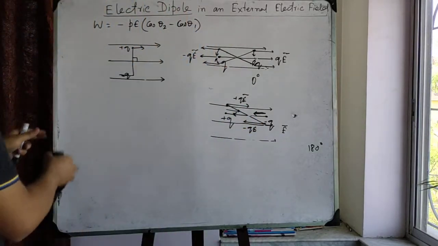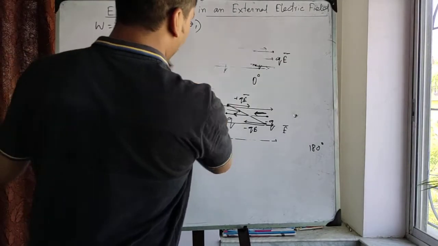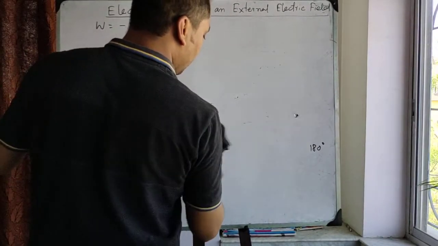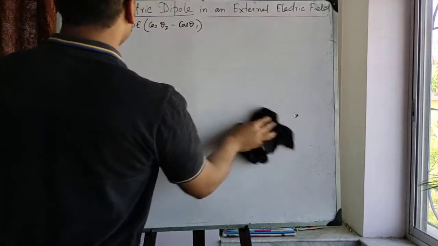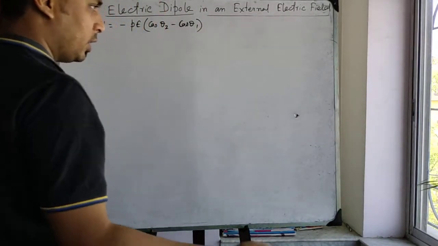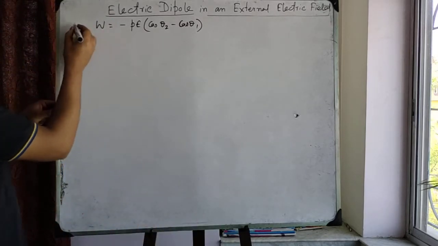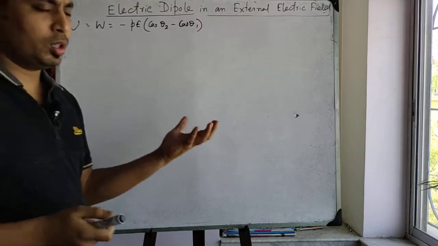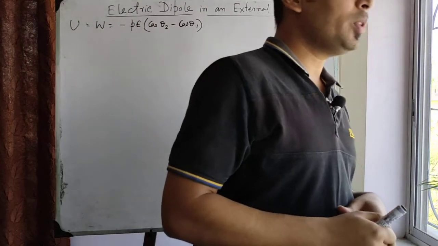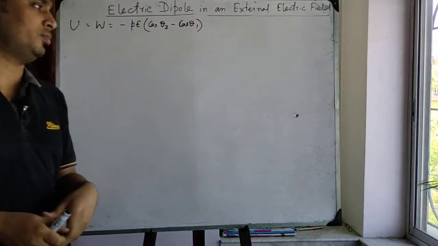Now the questions are very simple, if you understand all these positions clearly. Now what is the work done? This amount of energy, you may write it as U, potential energy. This amount of energy will be stored in the dipole as its potential energy, the amount of work done.